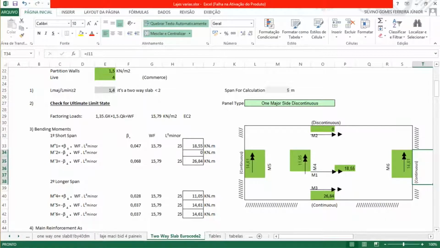It will be equal to this M1 here. M2 will be negative because it's in the corners. M2 will be perpendicular to the shorter side.